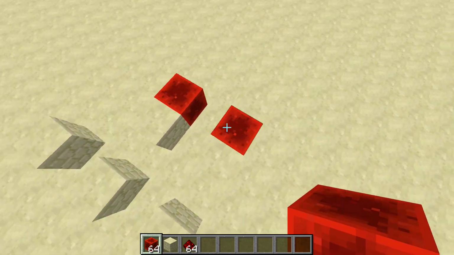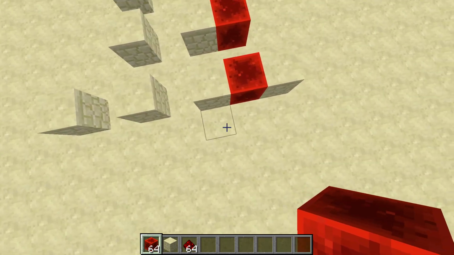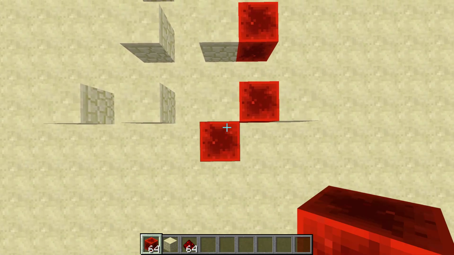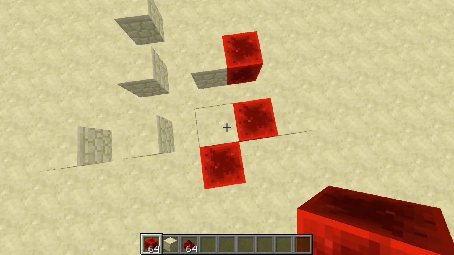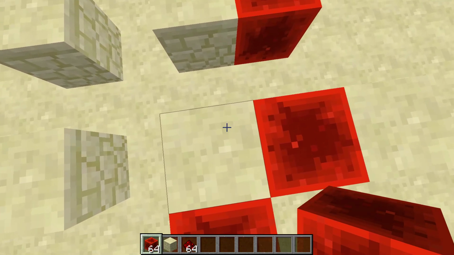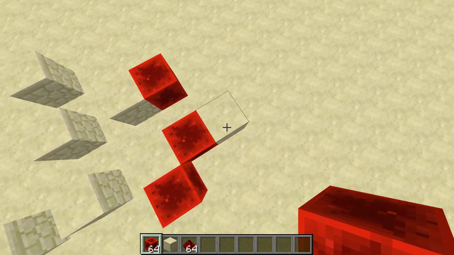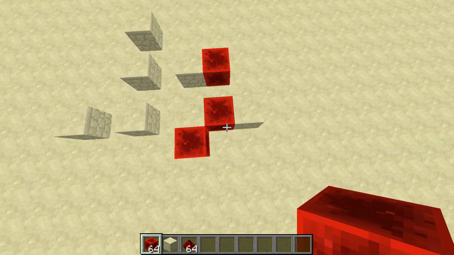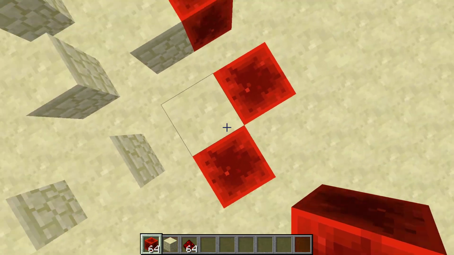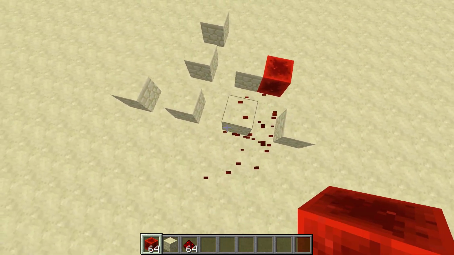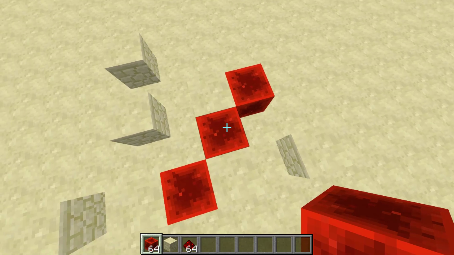Now we need to compare on the next bit here. We compare the highest one from here with this one here. Again, we send the higher one down and the lower one into here.